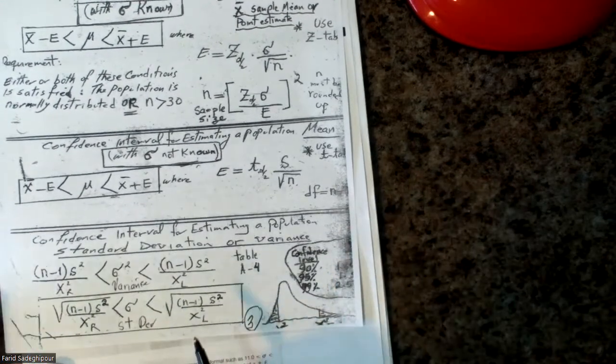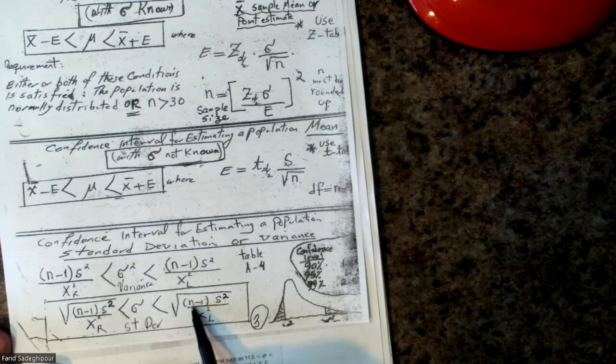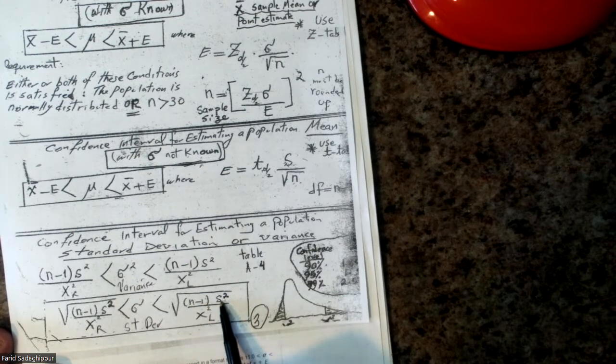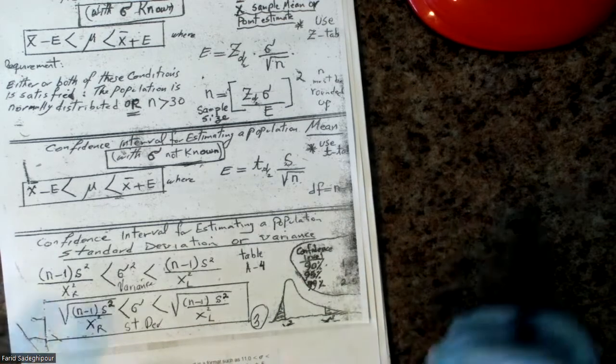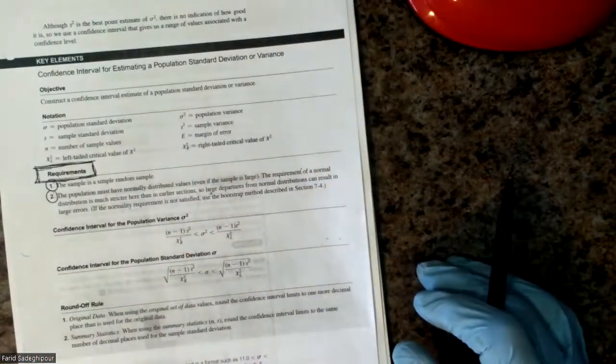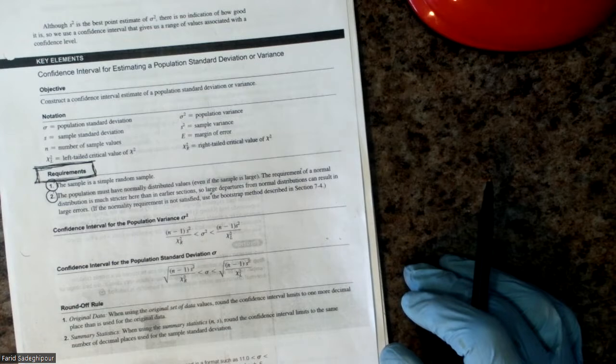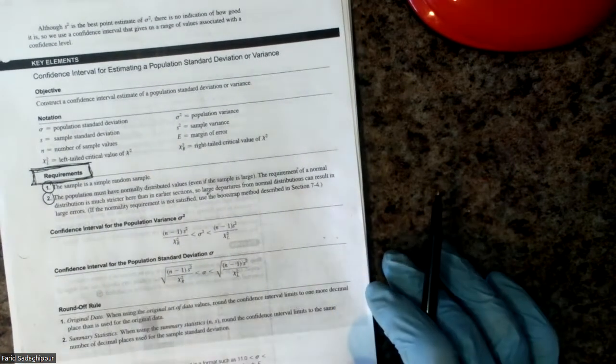So for standard deviation, all we need is the value of n, the number of samples, and the standard deviation of the samples, and then these two values, x2L and x2R. Now, for these particular sections, we have to use the table.